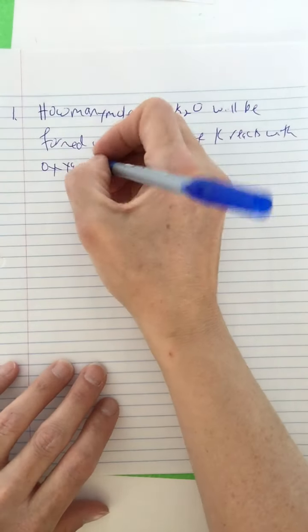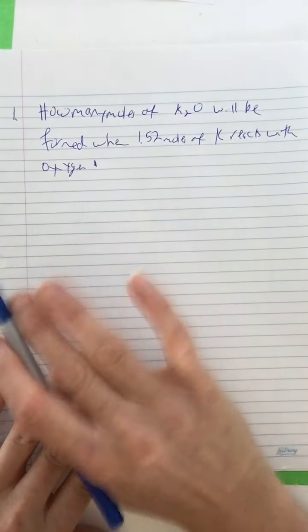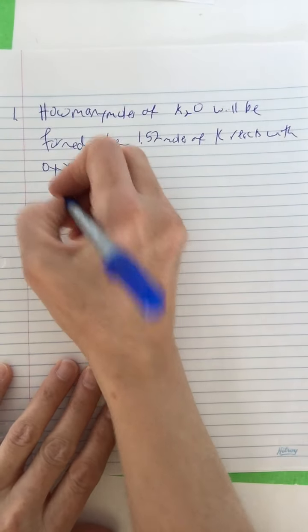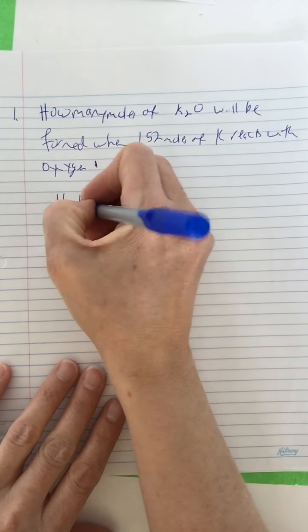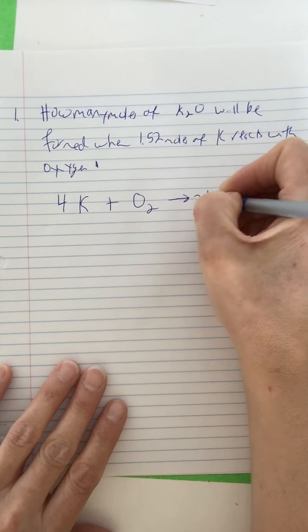And so in this one, they've given you the reaction. This is what makes it the simplest type. So they've given us a balanced equation. 4K plus O2 yields 2K2O.